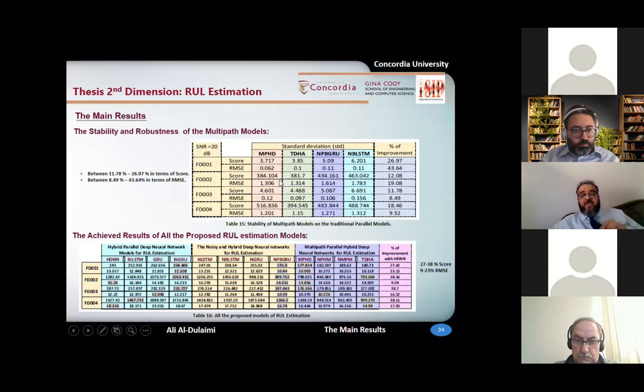Here we can prove also how stable the model is and what makes the model more effective and powerful when we added the third parallel path. So we compared the result after the additive noise, I mean during the testing stage, between the two parallel paths, the previous group, and the multipath parallel paths.